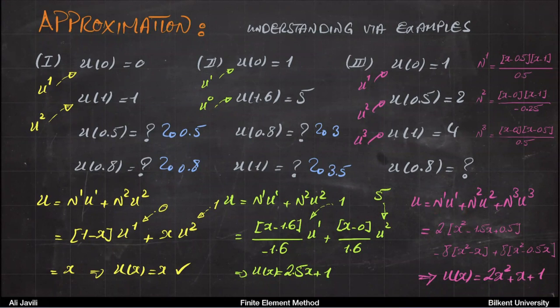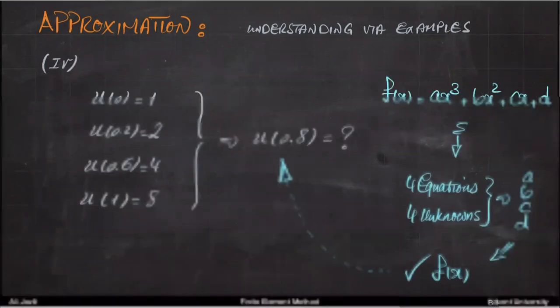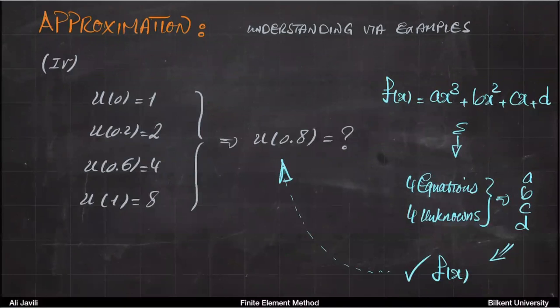But also, even more importantly, what I'm trying to say next is that you can play this game for that cubic function, which otherwise would have been almost impossible to play. So if we now look into the next example, which was the cubic function, imagine you have this cubic function, and I ask you, what is the value of u at 0.8?